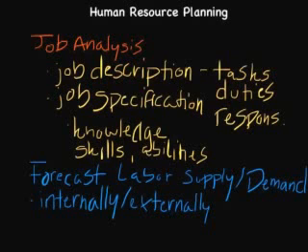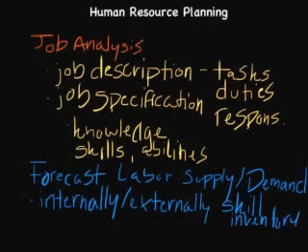Now, there are a couple of tools that you can use to try and forecast labor supply and demand, or at least try and anticipate what supply is going to be like. You can use what we call skill inventories. A skill inventory is essentially a profile for each of the employees within the organization.